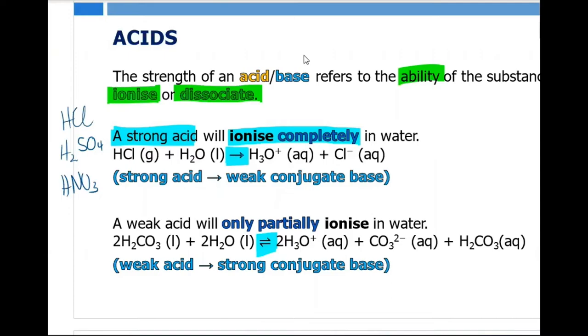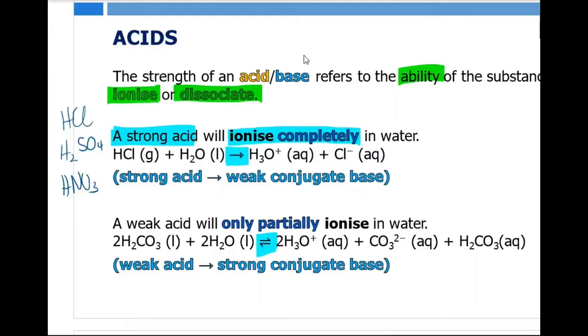So if it's a forward reaction, a single arrow, it means that you have got the smallest value of reactant, but a lot of product. And what will that then tell us? The reaction was very efficient. It was very successful because we've got a lot of product, very little reactant, and therefore a single arrow.